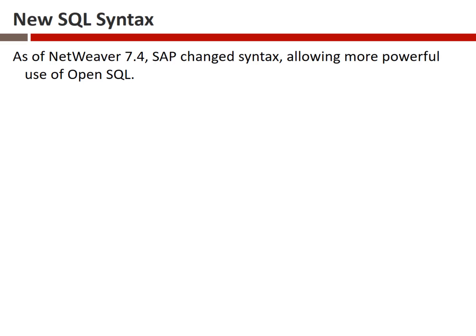SAP regularly updates the syntax of ABAP. The old syntax is always still supported, but as new syntax comes into play, it can greatly reduce the amount of code we have to write or allow us to do newer things.